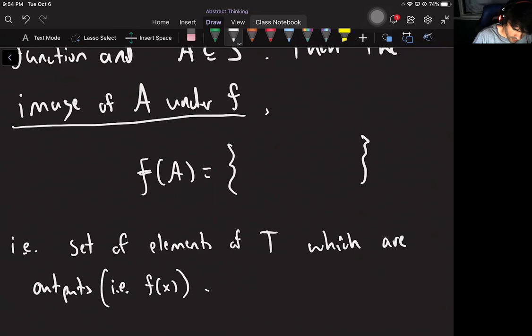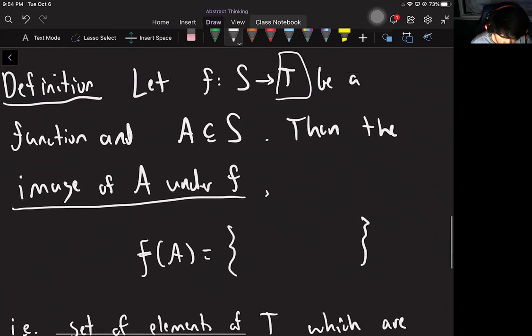So outputs of f, but not all the outputs of f, just the ones that are coming from elements of A.